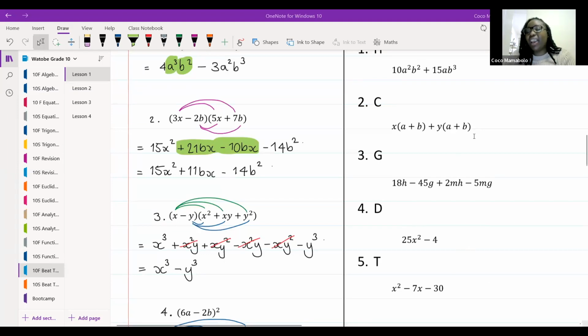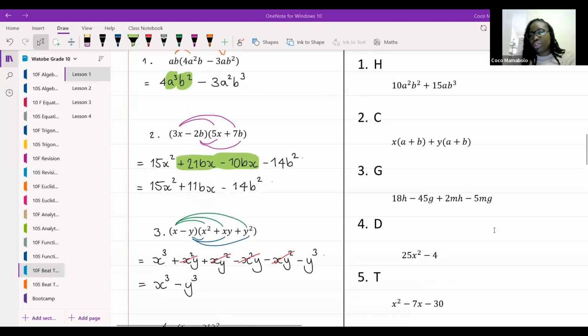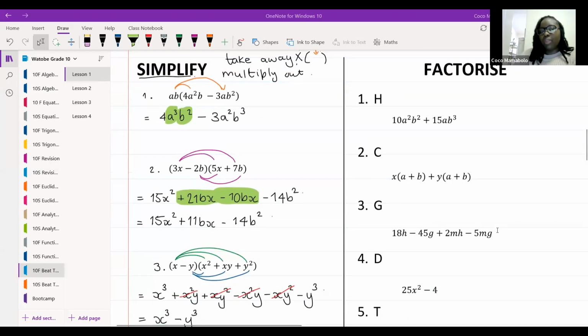There are only 5 different types, or 6 in grade 10. I can say 5 because one of them is actually a derivative of the other, but we're only going to look at these 5. The first one is always, undoubtedly, my highest common factor.